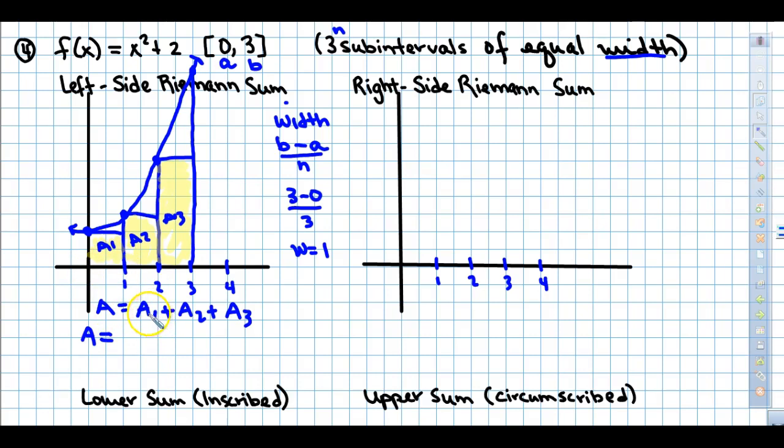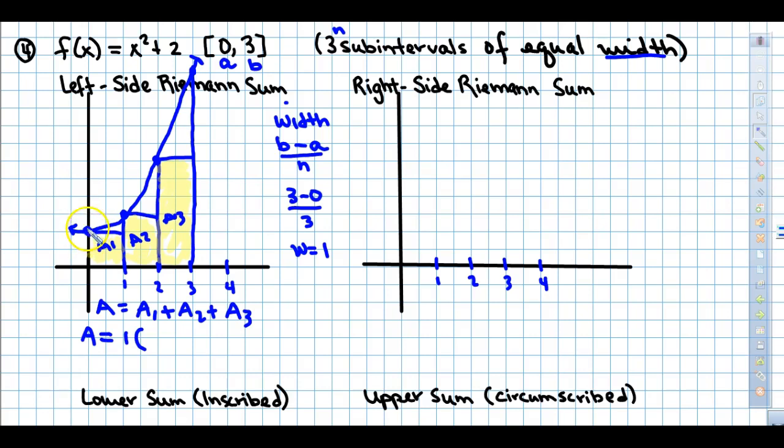Okay? So my area is going to be this. The area of the first rectangle is going to be the width of my rectangle, which is 1, times the height of the rectangle. Well, the height of the rectangle goes up to right here, which is 1. But we're going to use function notation to represent that ordered pair.